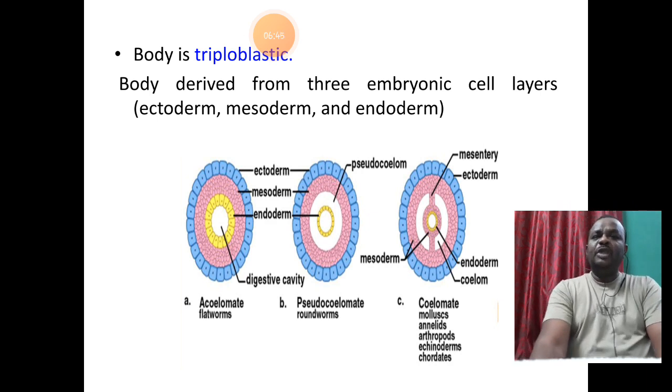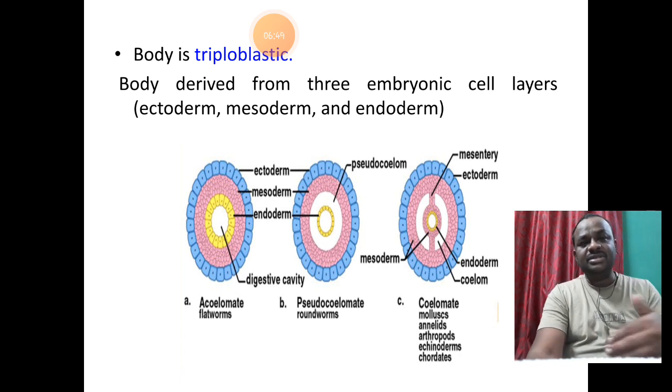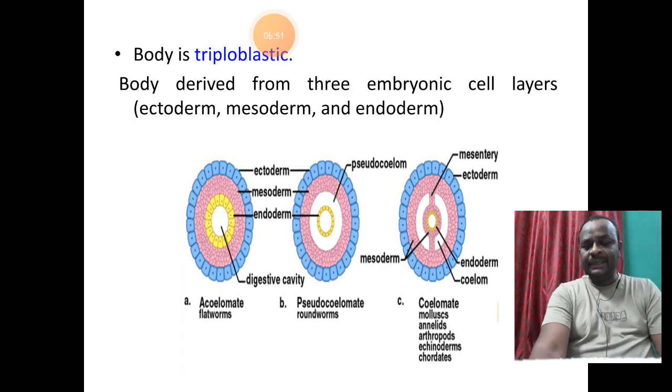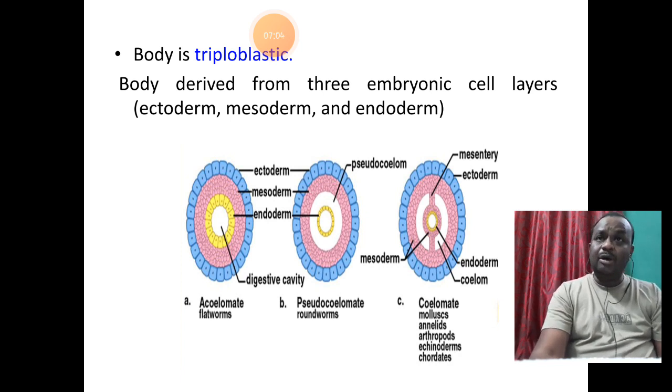Now, the body color varies for different annelids. For example, earthworms are dark brown. Leeches show varied colors, such as olive green, brown, black, etc. Chaetopteris shows a light green color.